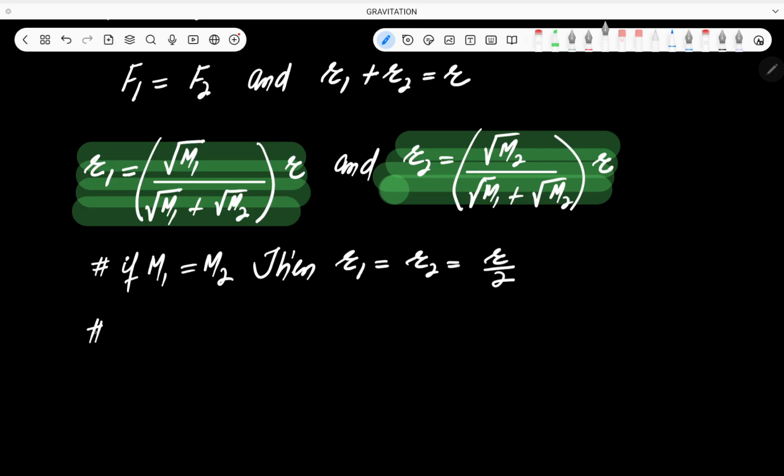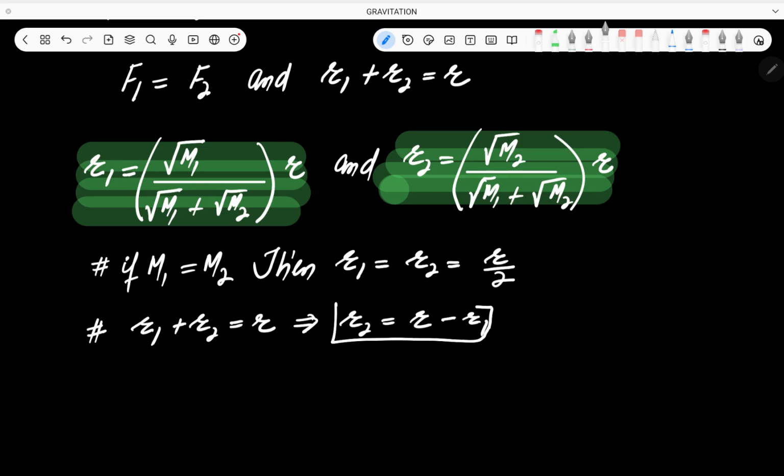Another important point is that r1 plus r2 is equal to r, which means r2 can be directly calculated using r minus r1.